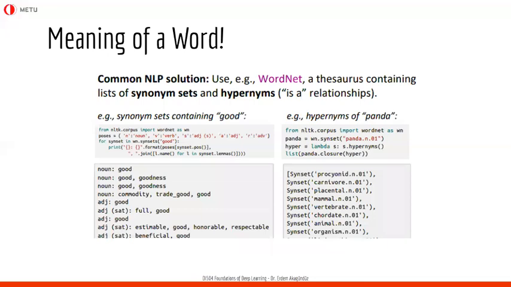So NLP previously solved this problem by creating a large corpus of words, which was, for example, the famous WordNet. WordNet is a large dictionary of English words, which natural language processing people used to relate different words to each other. So it's a set of lists, synonym lists, or hypernym lists.